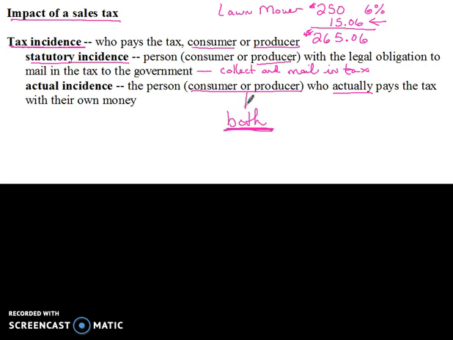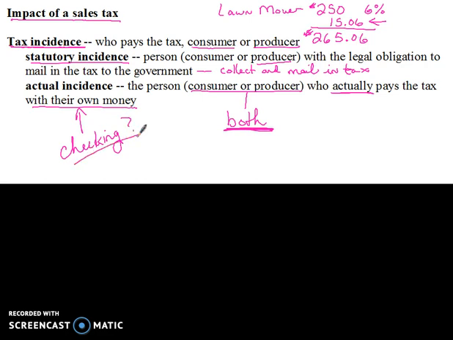Usually they both pay it, which might sound surprising. This is the person who actually pays the tax with their own money. It's like asking, whose checking account did the money come out of to pay the tax?